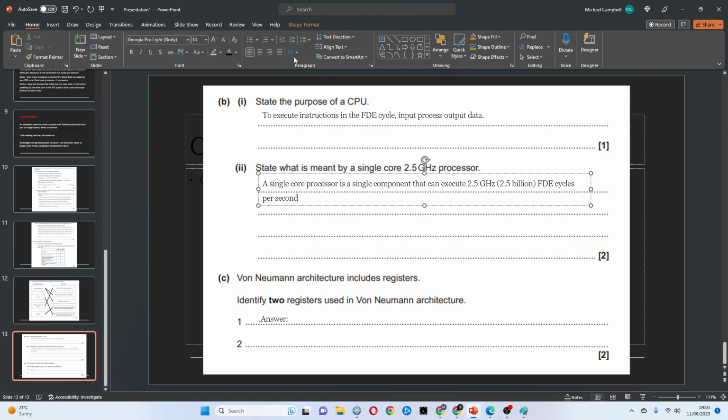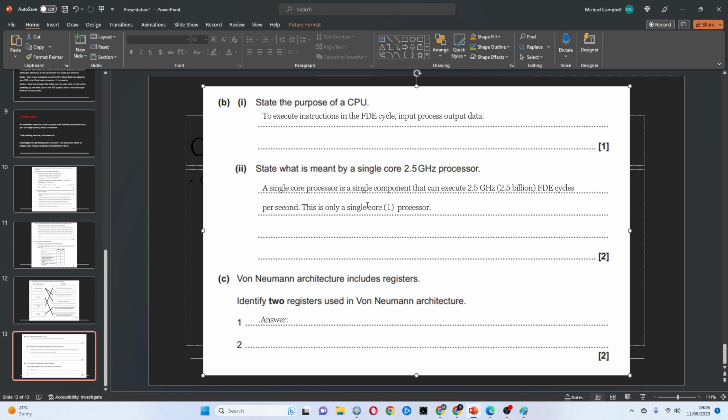It's only a single core. This is only a single core processor. I put 1 processor, just in case it's confused.